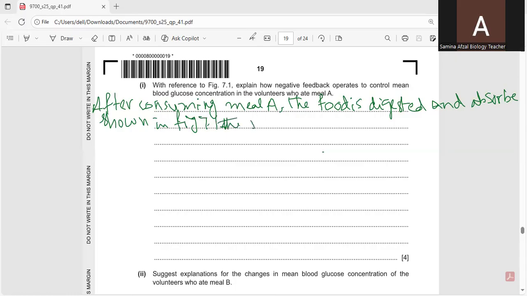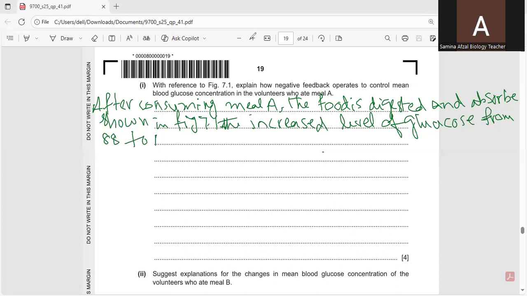The increased level of glucose from 88 to 110 milligram percent.